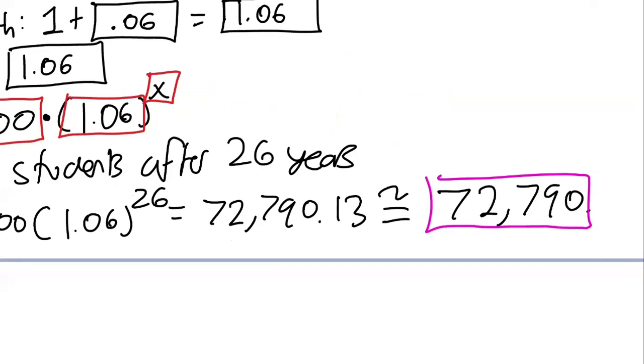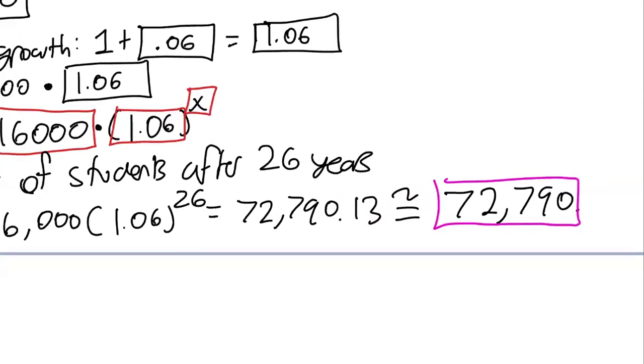So just 72,790. The reason why we round it is because we can't say 0.13 of a student. That doesn't exist. So we always round it to the nearest whole number. All right, any questions? Pretty easy, nothing too hard, just formulas.